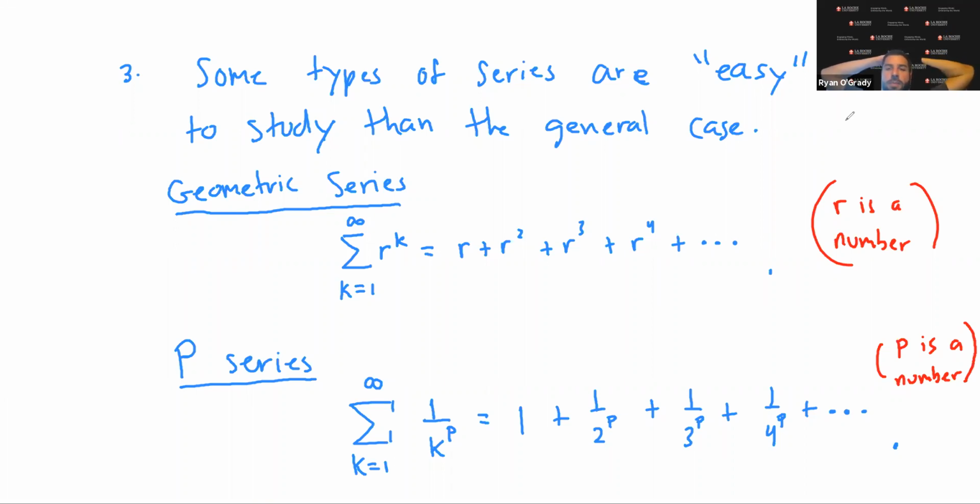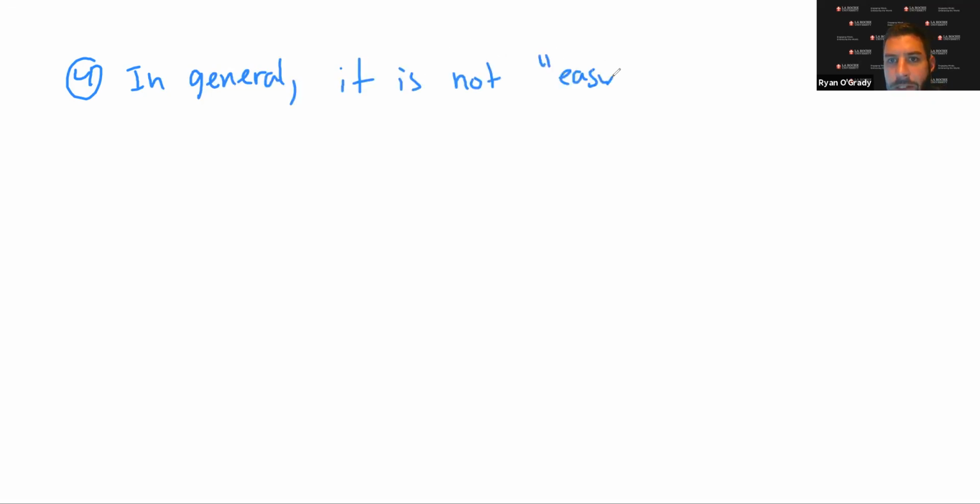The good thing to keep in mind is that these ones are, again, if you understand their definitions and you understand their basic properties, they are easy. Now, in general, it is not quote unquote easy to study an arbitrary series.